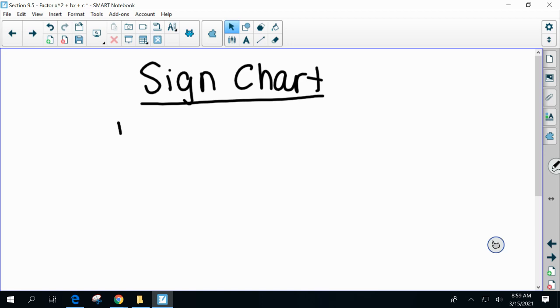So what this means is, if you have your first set of signs in your trinomial on the left, then your set of signs that will be in your two binomials is on the right. So if you start out with plus plus, your binomials are going to be plus plus.